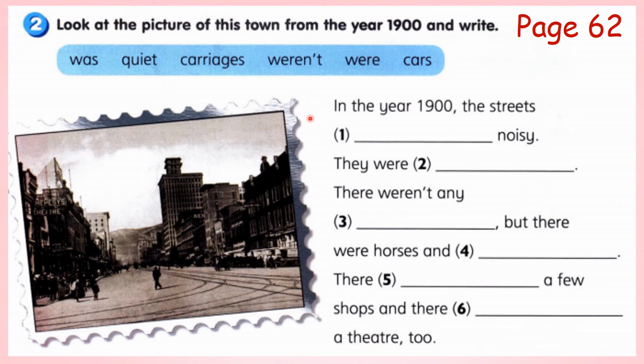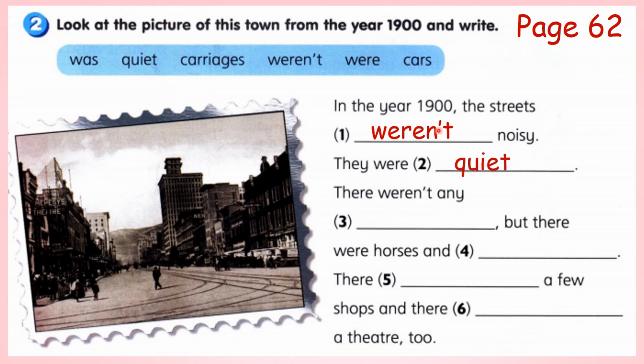Okay, now look at the first sentence. In the year 1900, the streets blank noisy. So what is streets? Yes, jalan-jalan. Can you find the answer? Yes, weren't. Okay, now look at number 2. They were blank. Yes, quiet.